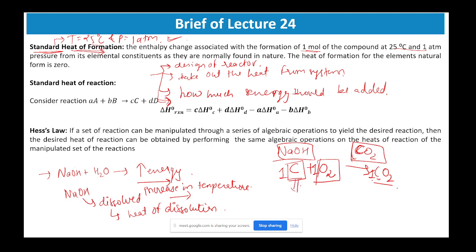Now what does elemental state mean? Carbon can usually be taken in the form of a solid, or graphite, which is the natural form of carbon, so you can say graphite for example.